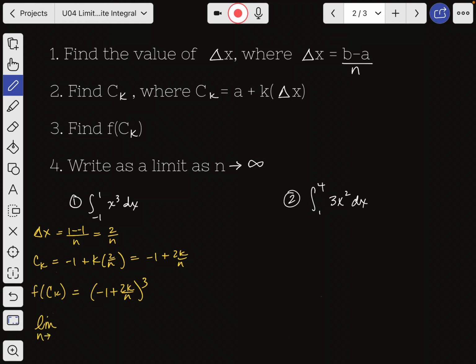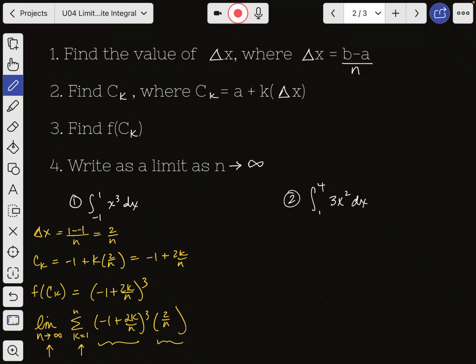So limit as n approaches infinity of the sum from k equals 1 to n of this function, and this function is just going to be (-1 plus 2k over n) cubed times delta x. All right, remember this is the height of our rectangle, this is the base of our rectangle. We're finding the sum of all of these areas as n approaches infinity.